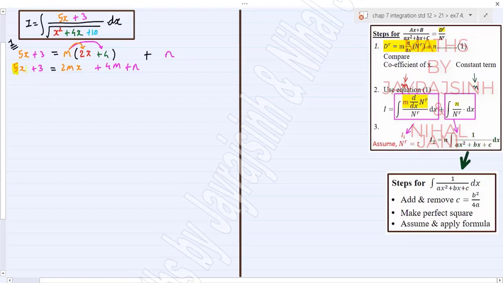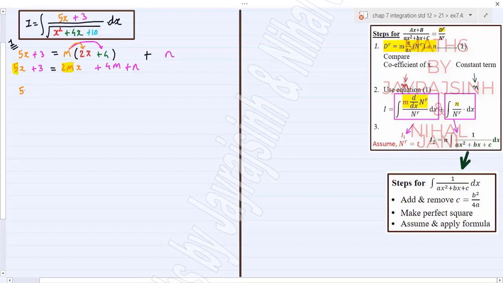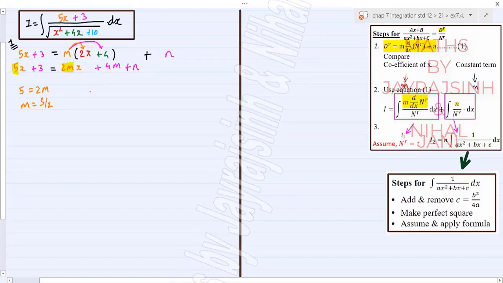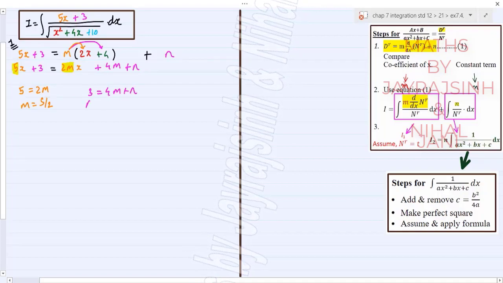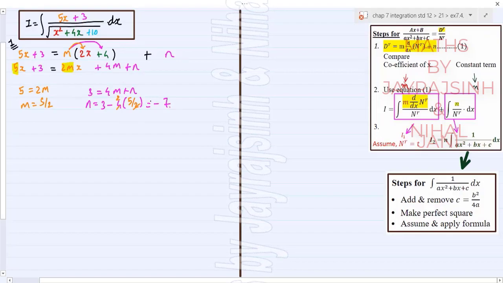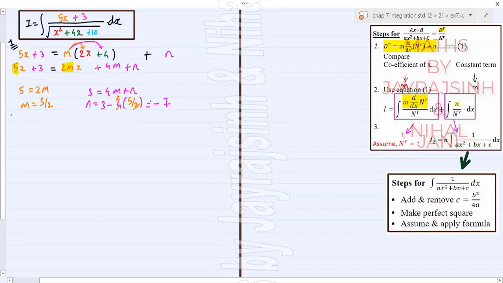So if we compare the coefficient of x, we will get 5 is equal to 2m, or we can say m is equal to 5 by 2. Now let's compare the constant terms. So we'll get 3 is equal to 4m plus n, or we can say n is 3 minus 4m, where m is 5 by 2, so n is minus 7. Here we complete our first step.